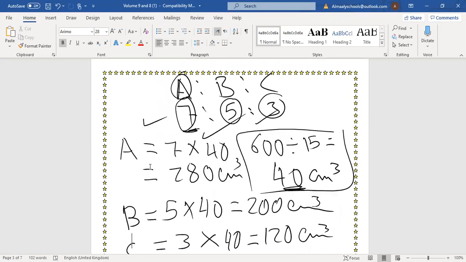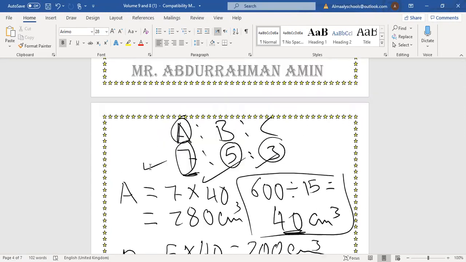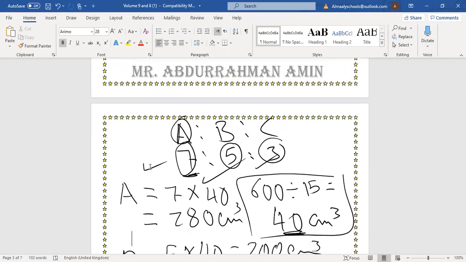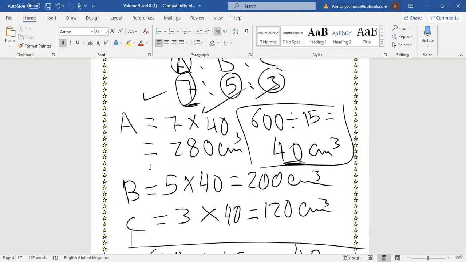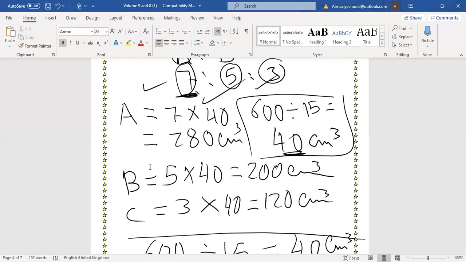Very good. 600 divided by 15 equals 40. So 40 is the value of one part. Sphere A has how many parts? 7. So it will be 7 multiply 40, and sphere B, 5 multiply 40, and sphere C equals 3 multiply 40. Any problem?